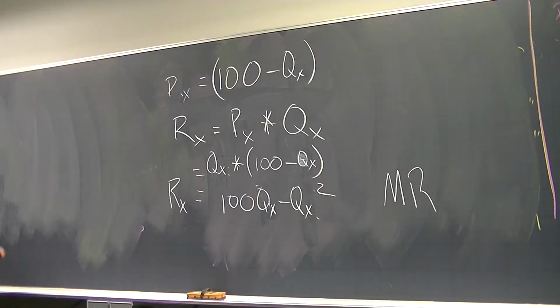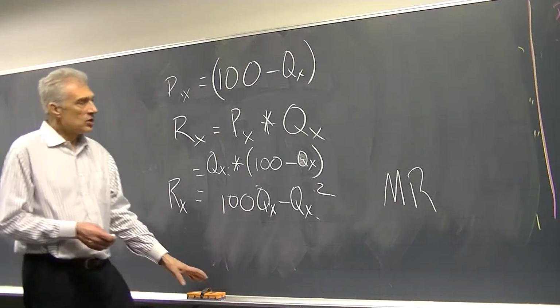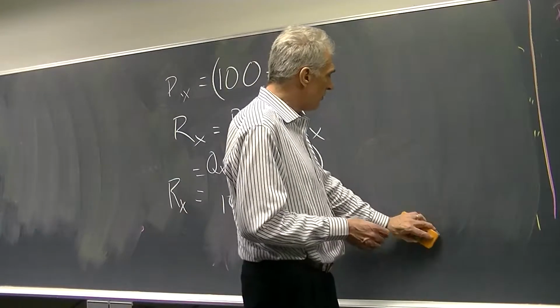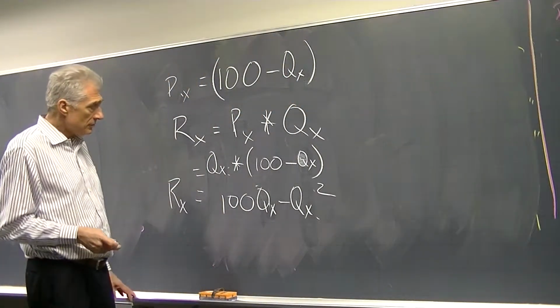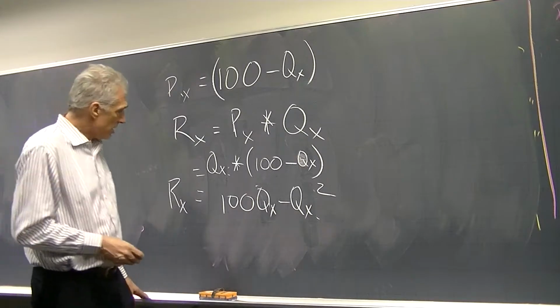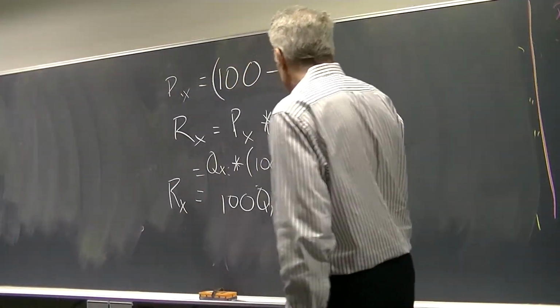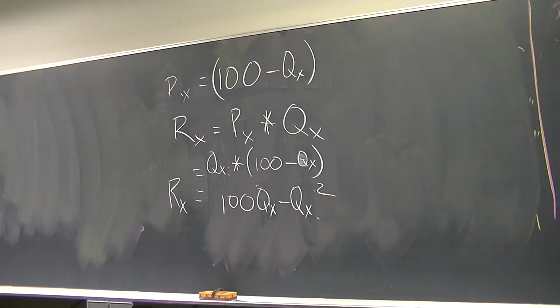Now the reason we're doing that is because remember, under perfect competition, the firm is a price taker. So we have to figure out how the firm can vary its output. What's marginal revenue in terms of output? But wait a minute, we're talking about perfect competition.